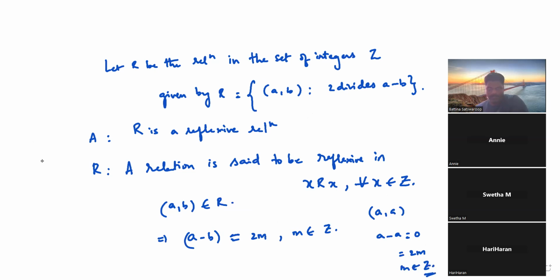Yes, this is a reflexive relation. And this reason is also true. So the answer is A and R are true and R is the correct explanation. Clear? Yes, sir. Right.